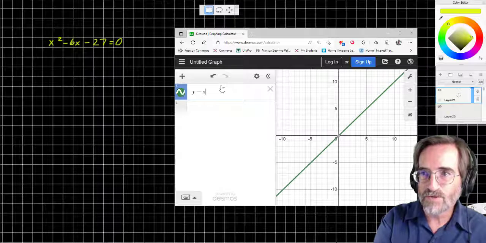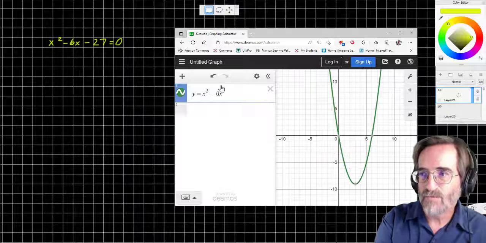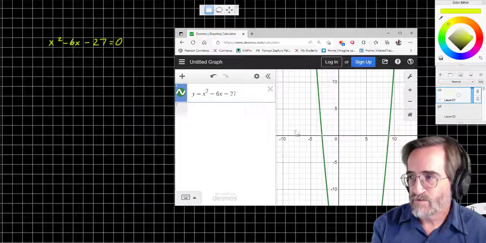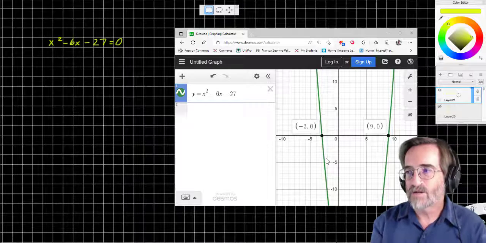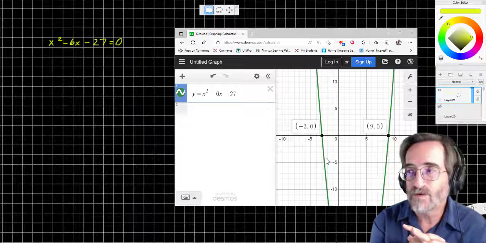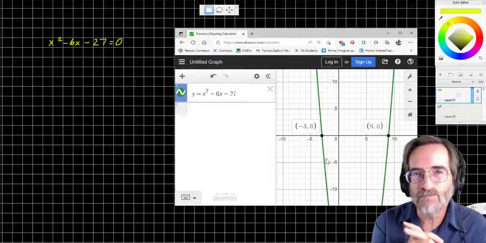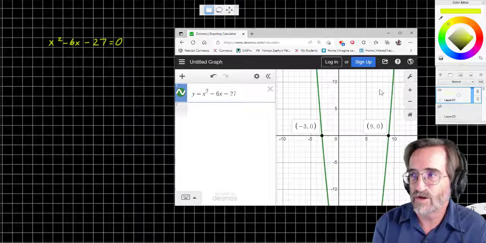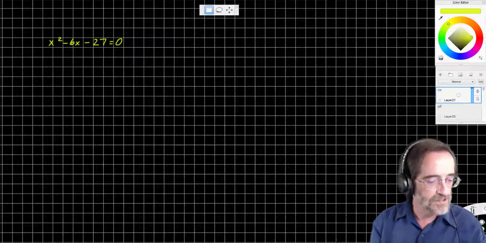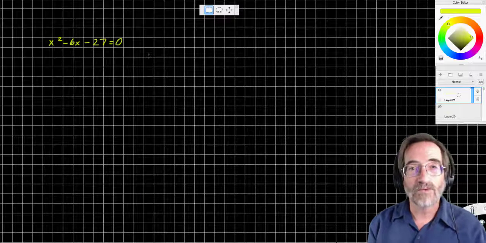So y equals x squared minus 6x minus 27 gives me this parabola shape that crosses the x-axis twice. And I can clearly see that the answers are -3 and +9. You're still responsible for knowing the other techniques, but this is a technique that you can use to approximate or check your answers. That said, here are the steps for completing the square.